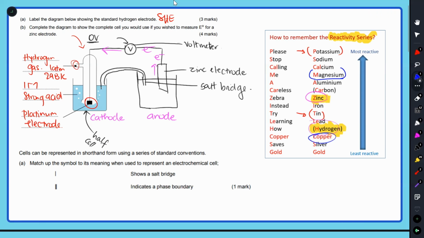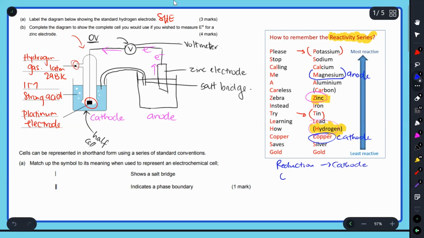Which one would be your anode? Which one would be your cathode? All right, the magnesium will be your anode, copper will be your cathode. So whenever you're writing this, I want you to remember now, reduction occurs at the cathode and oxidation occurs at the anode.